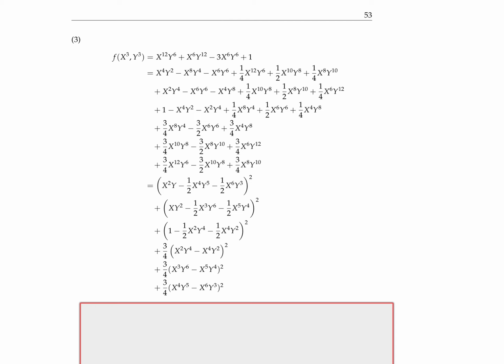That's why I take x cubed and y cubed and not x squared and y squared. That's one of the reasons. So then this is also a certificate for f being non-negative.